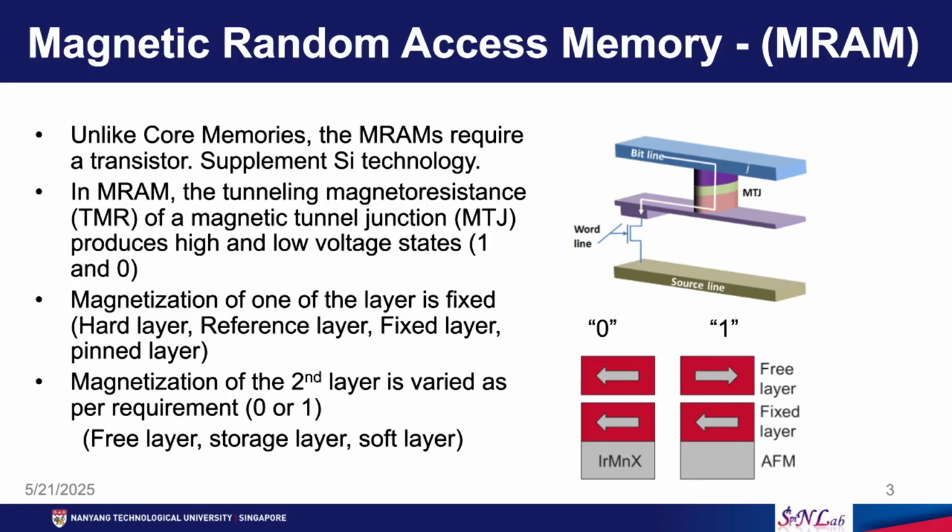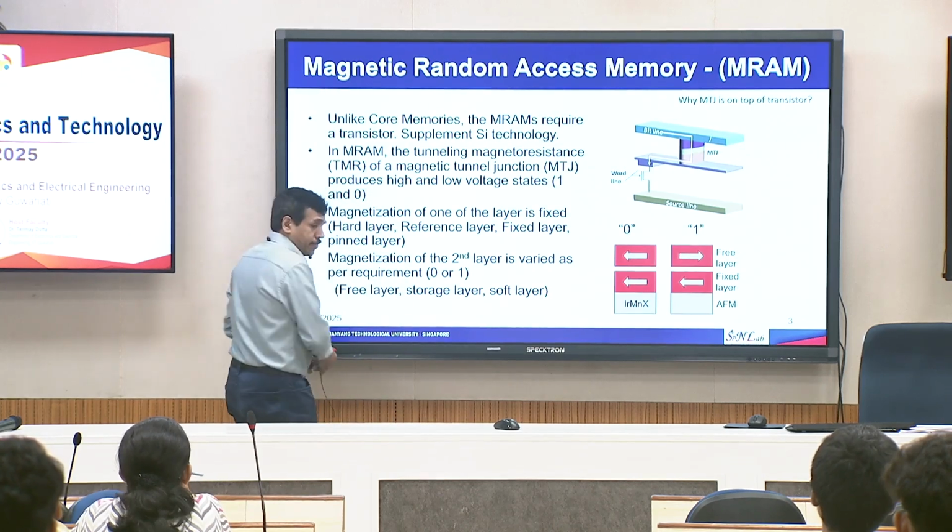This is how the MRAM will look: you have a transistor and you have this magnetic tunnel junction. In magnetism you will come across the words TMR and MTJ quite often.